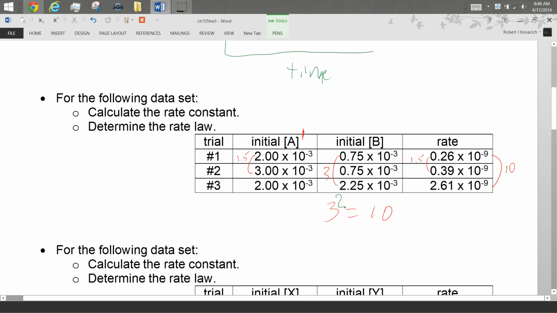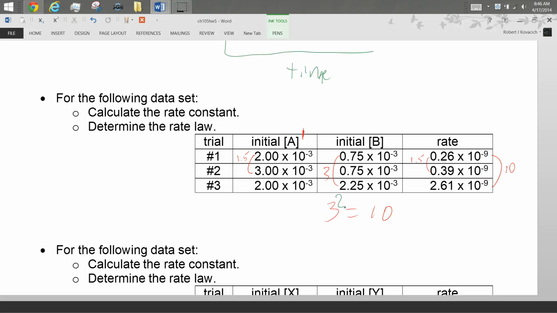Is that okay? This is all experimental data, right? So do you think it's going to nail it dead on like it did with the first one all the time? Now there's going to be a little bit of wiggle room with this. So what you're going to do is pick the closest whole number exponent that gives you about what you're looking for. So it'd be second order with respect to B in this case.